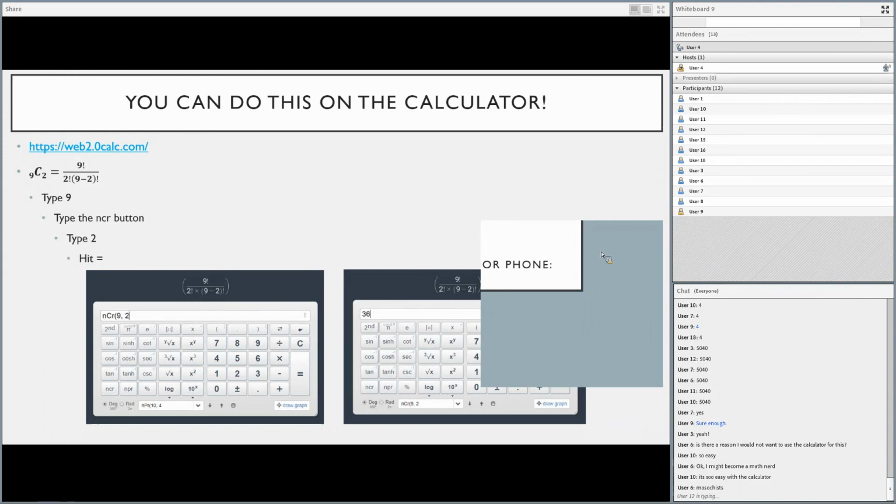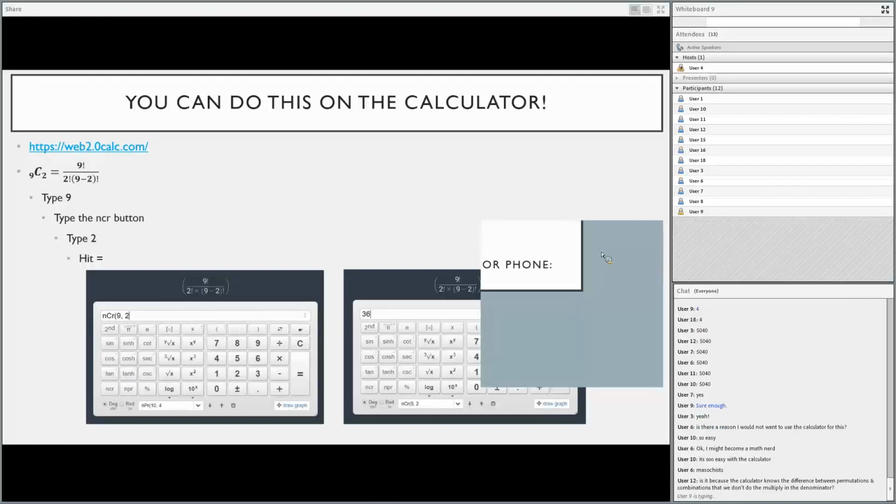But there's no reason as far as class or participation or your grade or anything like that to do it by hand. I do want you to know what the formula is, and I want you to know, at least in theory, what's going on. But as far as doing the work, you can use the calculator.